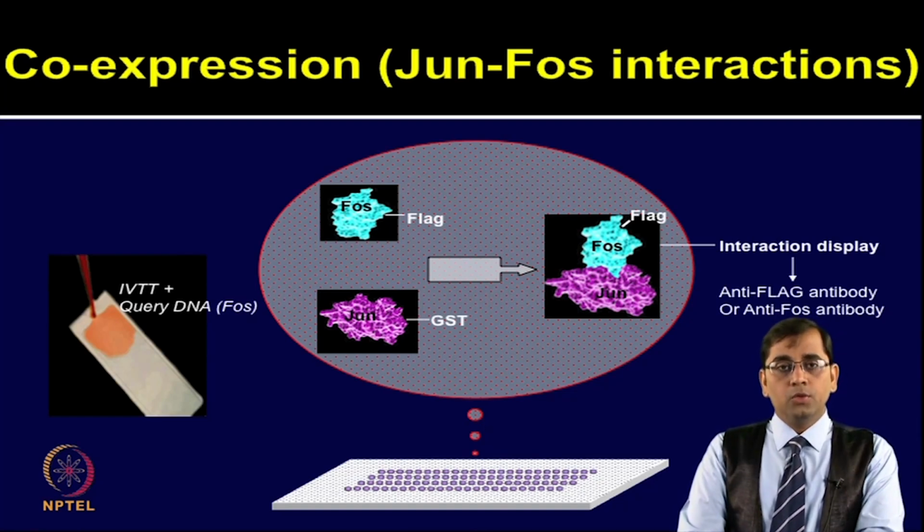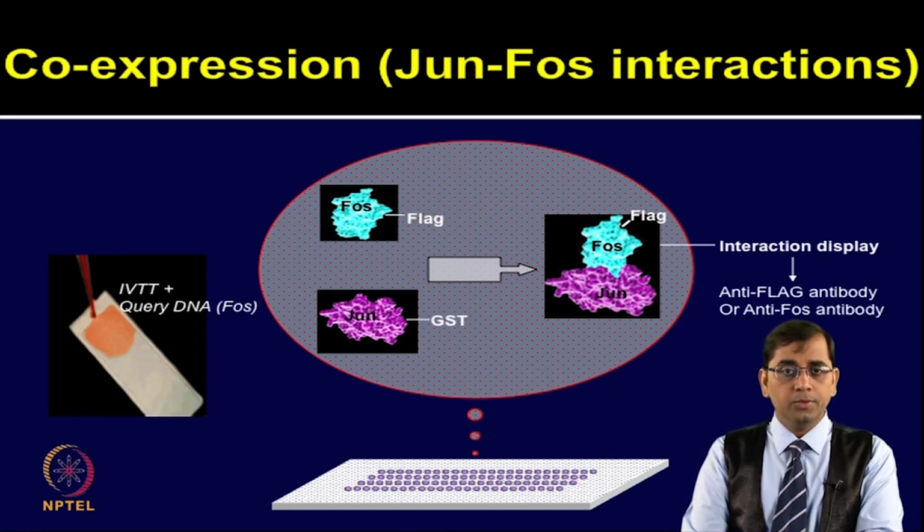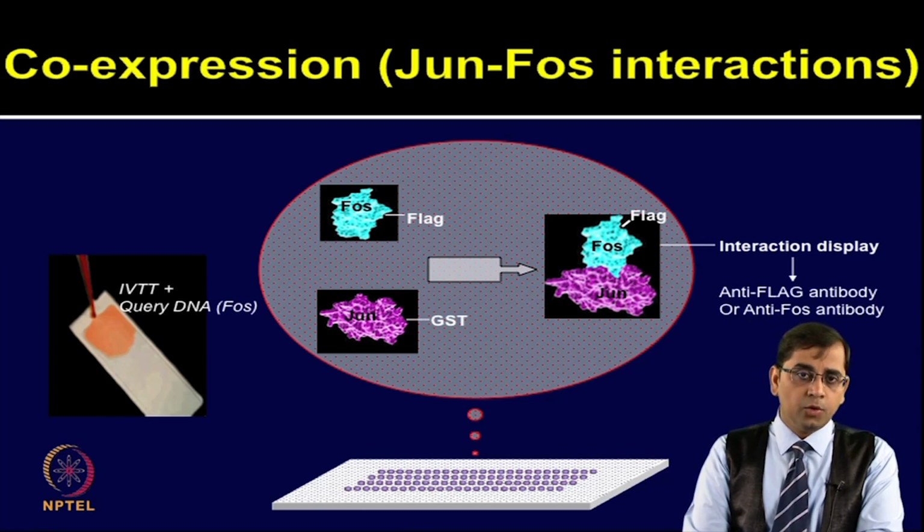Let us talk about the co-expression experiment. If you have protein microarrays, features are printed on the chip and you have generated the contents by using a cell-free expression system, and now you want to study the interaction, you need to purify a protein and use it as interactor. You can use protein specific antibody to identify the interaction, or you can use tag specific antibody for detecting the interactions.